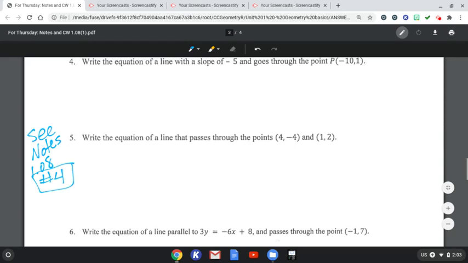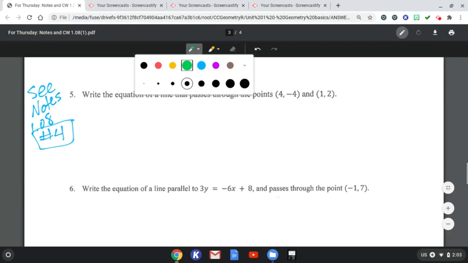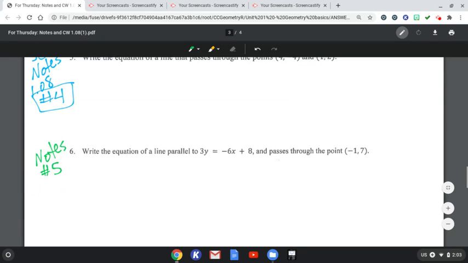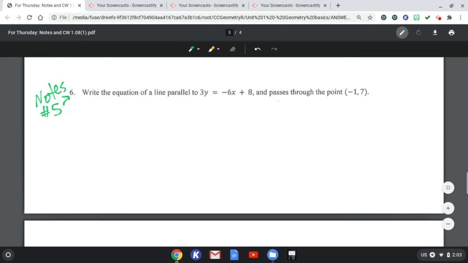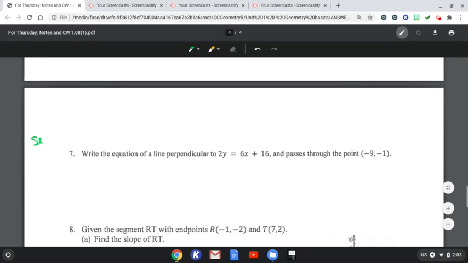Okay, so that's what you would have done Tuesday or Wednesday in class. Also, for number 6, you're going to see notes for question number 5. On the notes corresponds to what you do here for number 6. And for number 7, the next page, I want you to see your notes from page 108, question number 6.